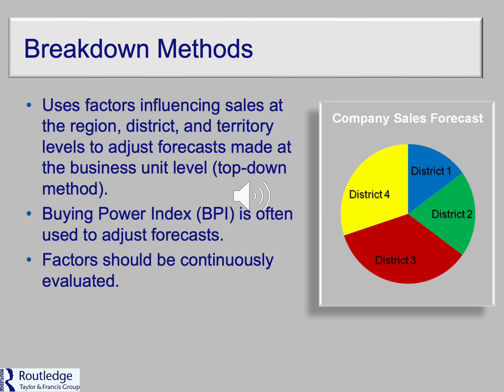So if you look at that diagram, you can see that District 1 has a lesser responsibility than any of the other 3 districts in terms of achieving the forecast. Okay, and so this is a top-down approach to the forecasting process, and often requires that an organization develop what's called a buying power index, a BPI.